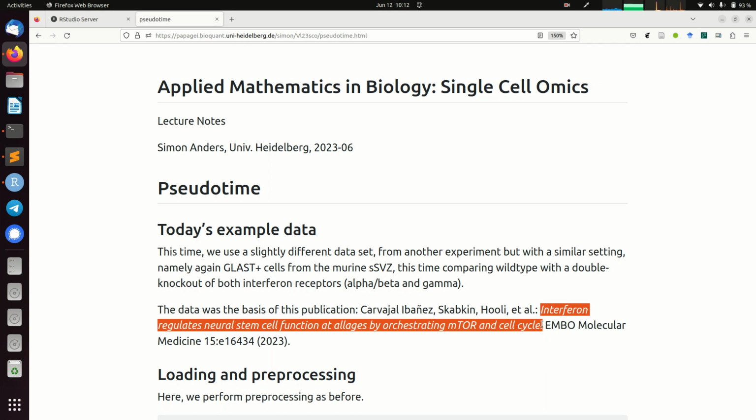Only this time it's a different mutation. It's not an interferon stimulation receptor as we had last time, but this time it's a knockout of the interferon receptor. So specifically a double knockout of both interferon receptors. So it's called IFNAR-co or interferon alpha gamma receptor knockout.